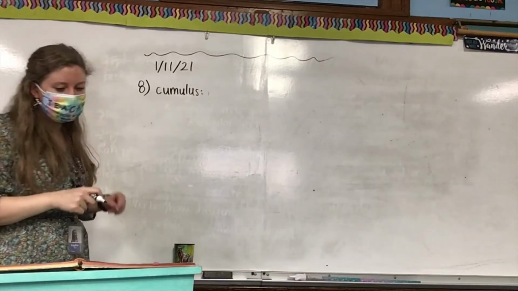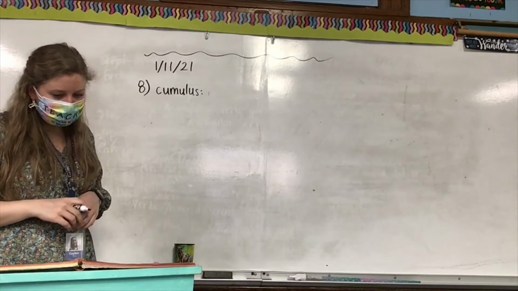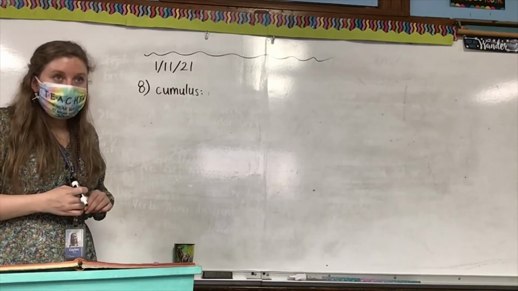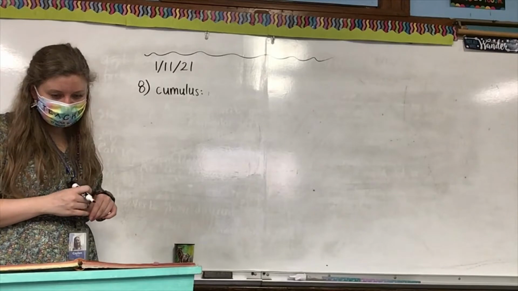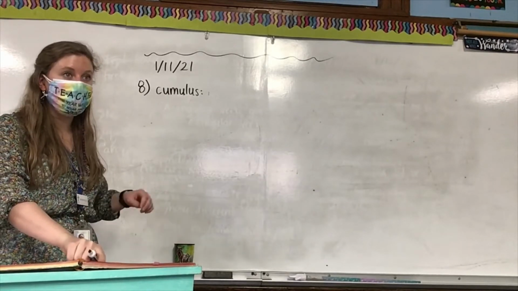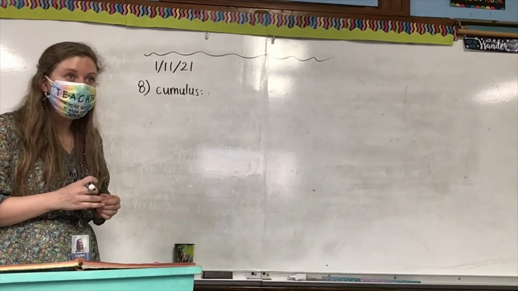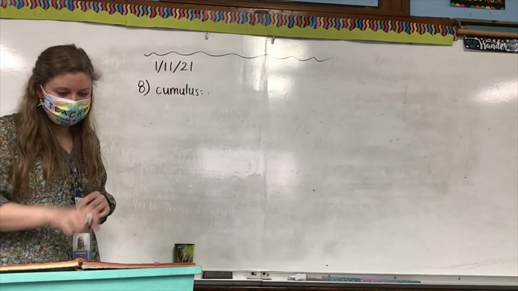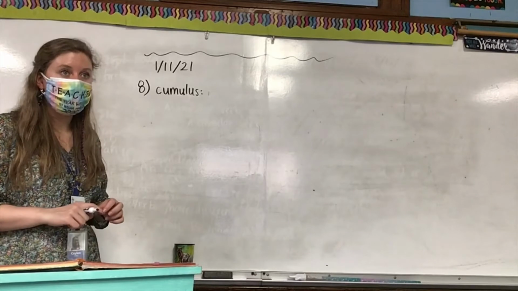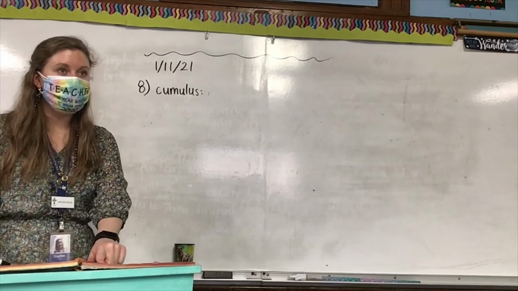And what do cumulus clouds look like? They look like puffy cotton balls. So look at the definition. The definition is right there. So what does it say about them? Read what it says in the book.